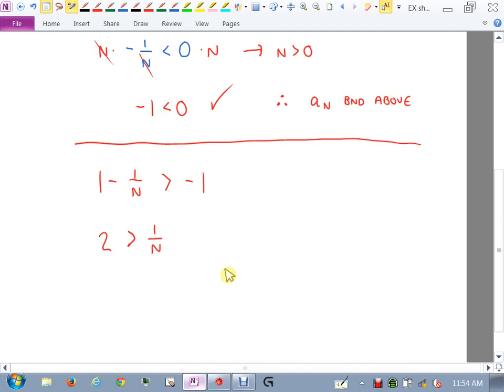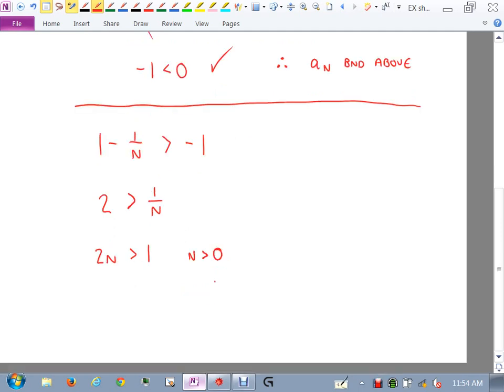Maybe you're convinced with that, but I will multiply both sides by n again, because I can and not have to worry about flipping. Is 2n greater than 1 for n bigger than 0? Yes, because not only is n bigger than 0, we said n had to start at 1, so you would get what here?